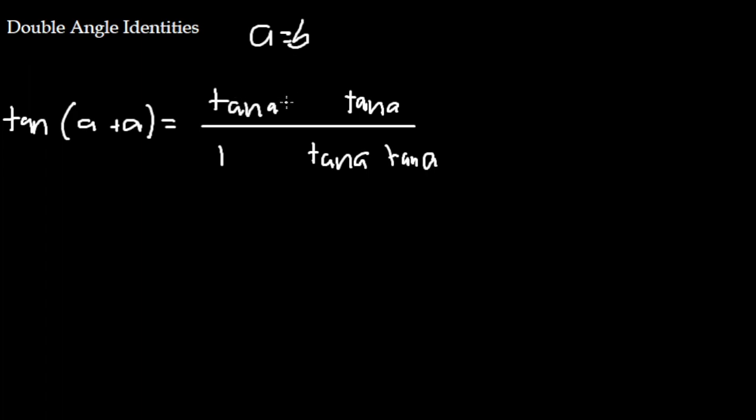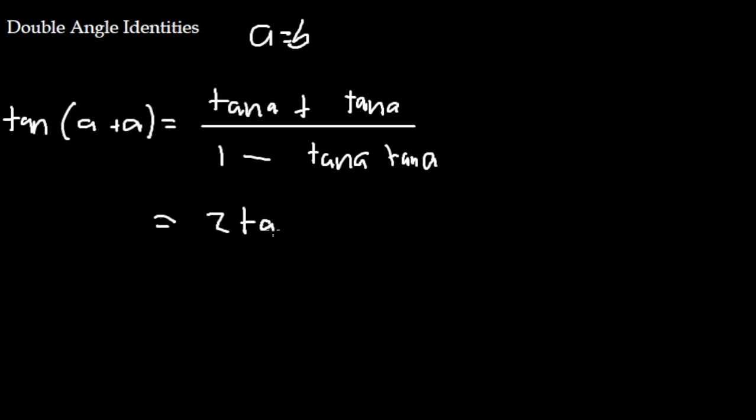Now, yung operation sa numerator will be the same as inside the parentheses and opposite naman sa denominator. Now, it's just a matter of simplifying again. Tan A plus tan A, so just 1 plus 1 is 2.